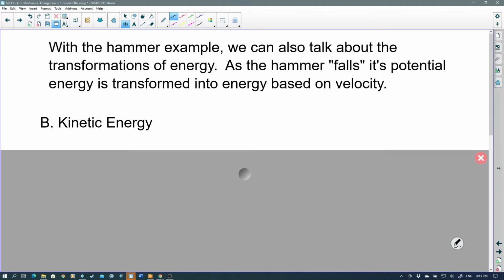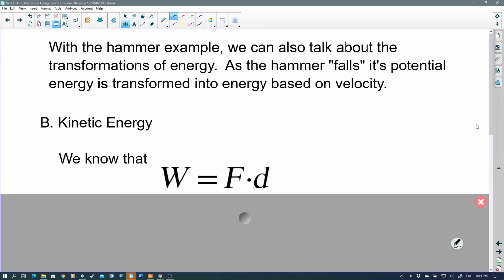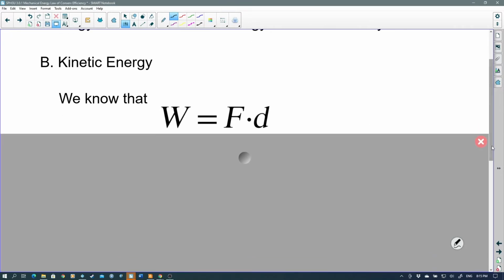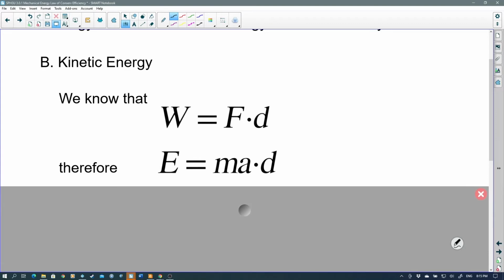So with kinetic energy, again, let's see how we would derive the formula for this. So we know that work is equal to force times displacement, and work is also energy based, right? So we can replace force by ma. Now this time I'm not using the acceleration of gravity, because we're talking about an object that's moving in a horizontal line in this case, just to make things simple, okay?